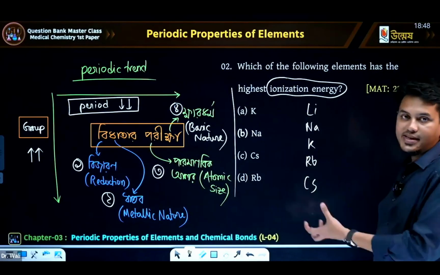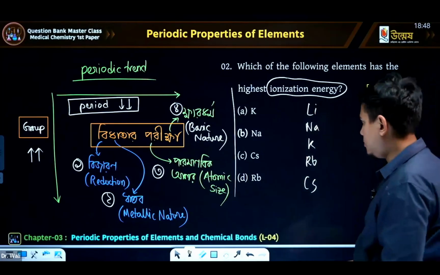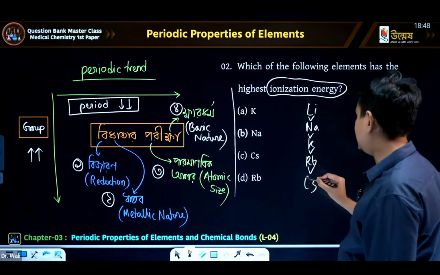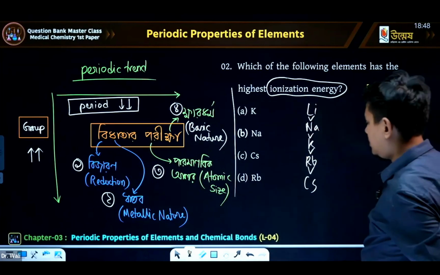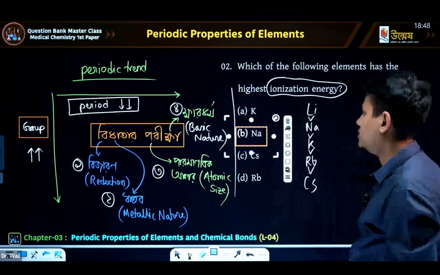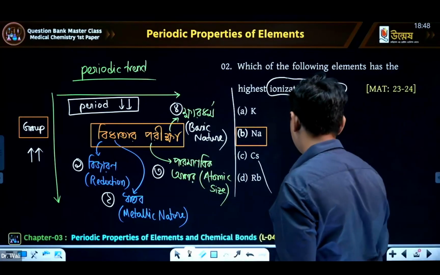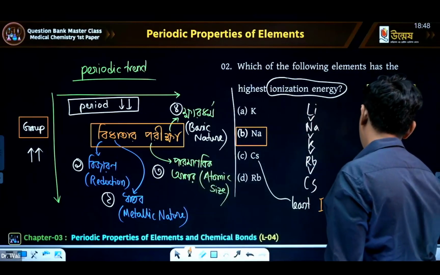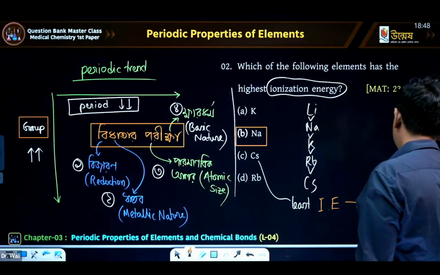So cesium will be ionized more easily than lithium. Ionization energy will be more for lithium, more for sodium, more for potassium, and least for cesium. So for the highest ionization energy, the answer will be sodium here, since there is no lithium in the options. The least ionization energy will be for cesium. That's why it is most reactive.